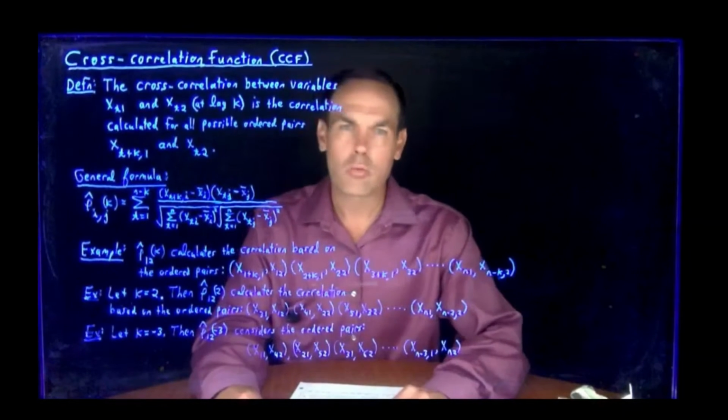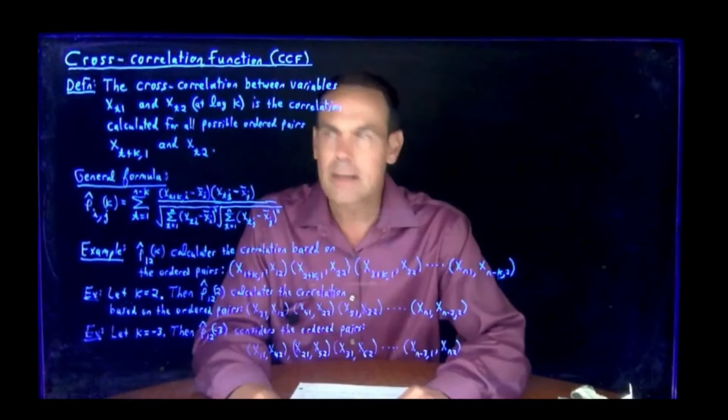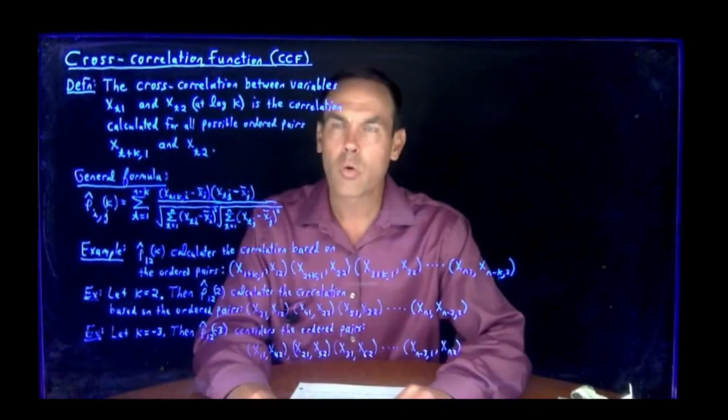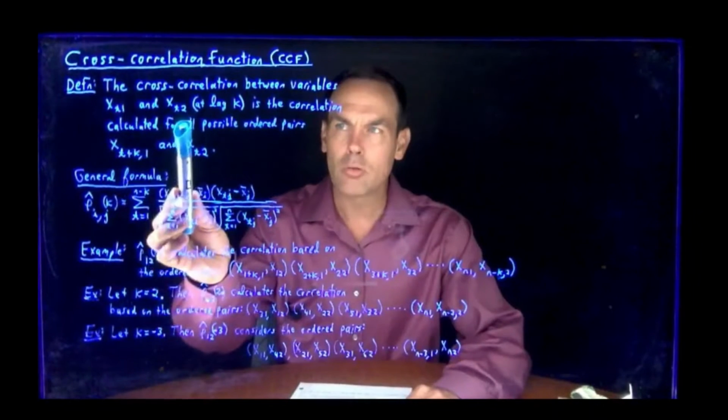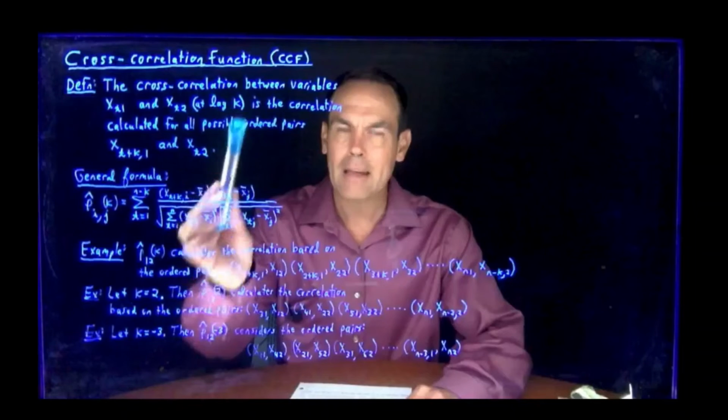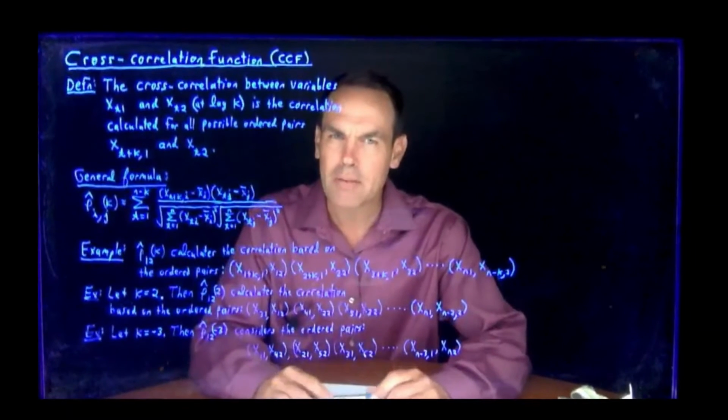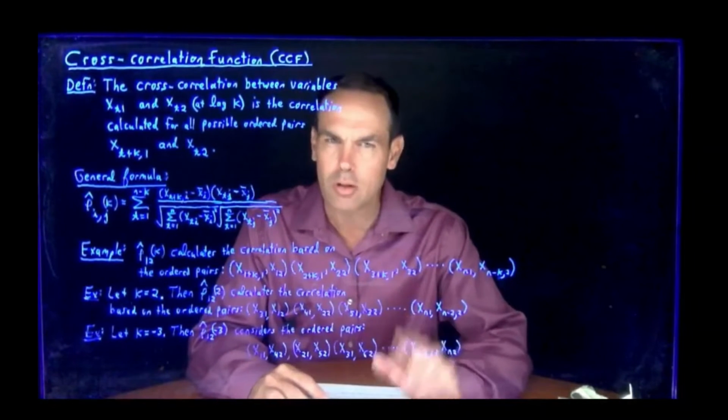First of all, the definition: what is the cross-correlation function? It's defined as the cross-correlation between variables x_t1 and x_t2 at lag k. Let's back up just a second and talk about this notation.